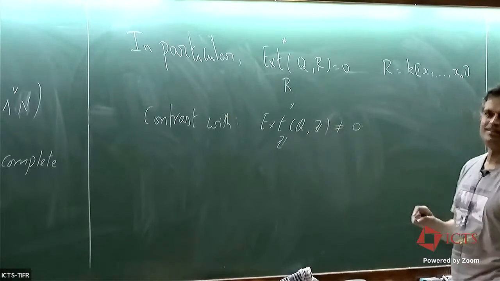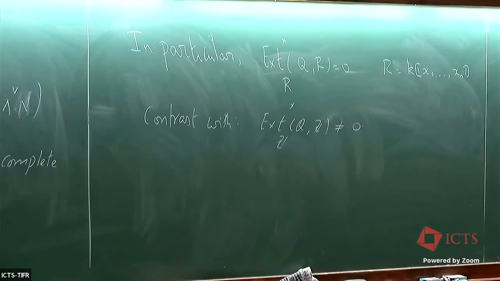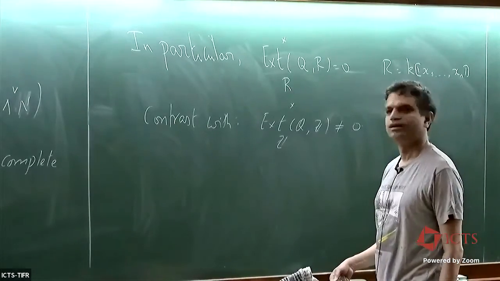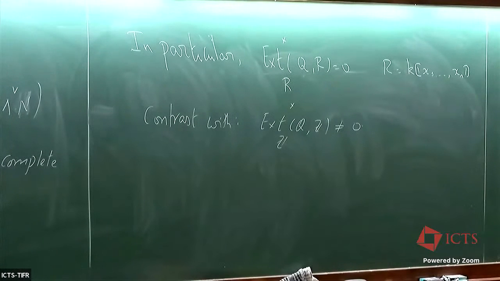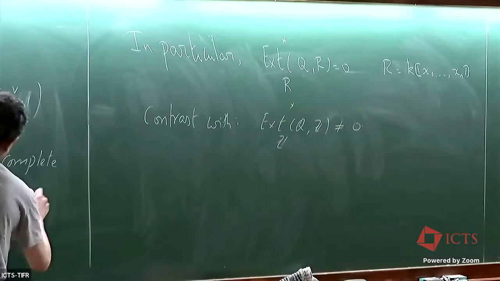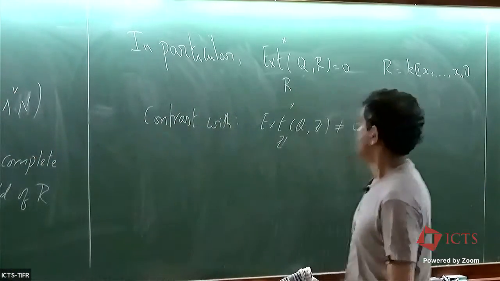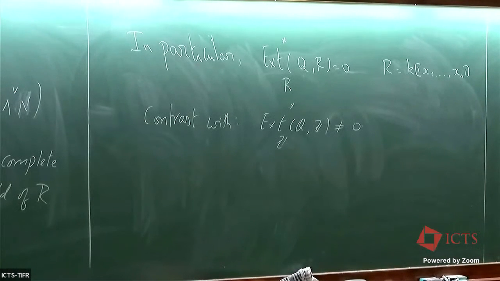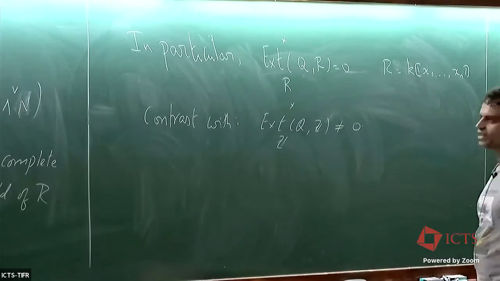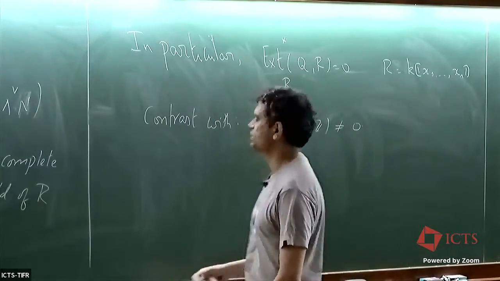I don't know how to do it, or at least haven't tried. Really, I'm computing these Ext groups. It's saying that there are no extensions of Q and R by R. Okay, so this is one very handy tool for working with completions.